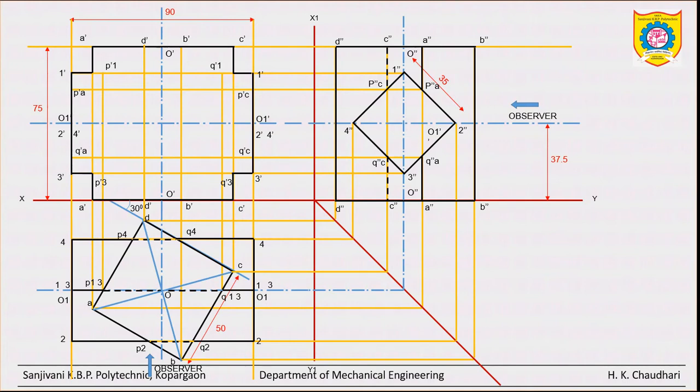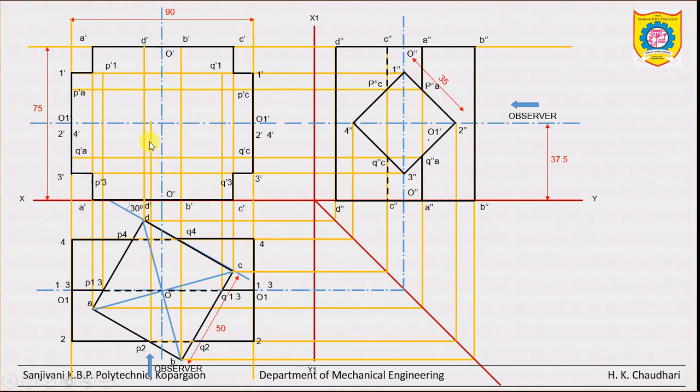Now see this point number 2, or this edge number 2. In the top view you can observe here that edge number 2 is in between P2 and Q2. So we have to locate P2 and Q2 in the front view.